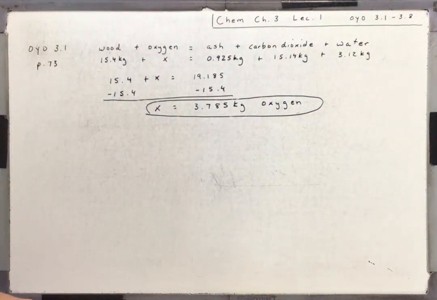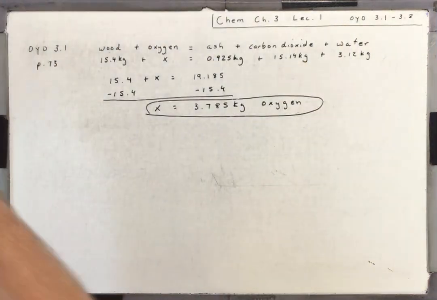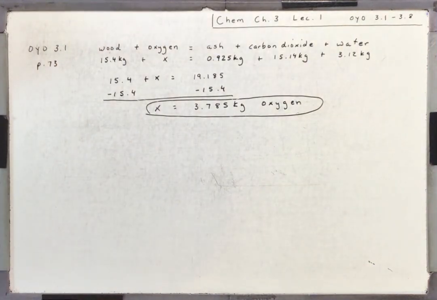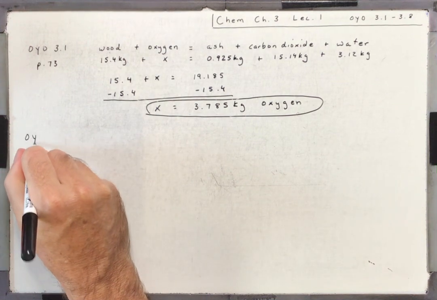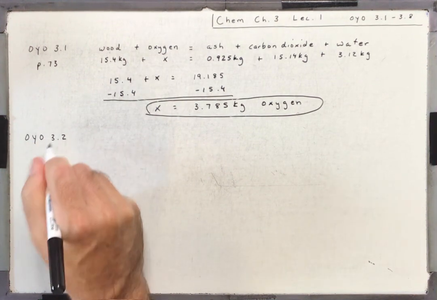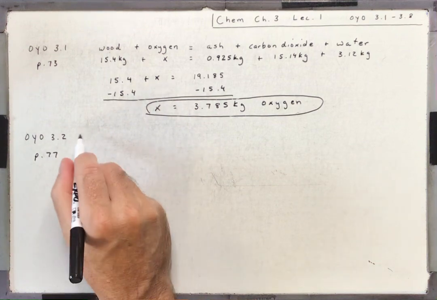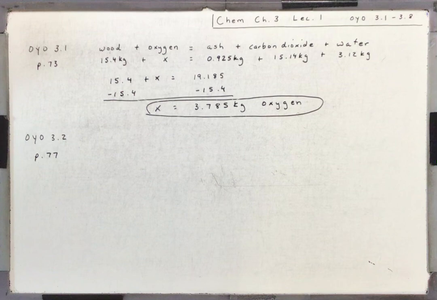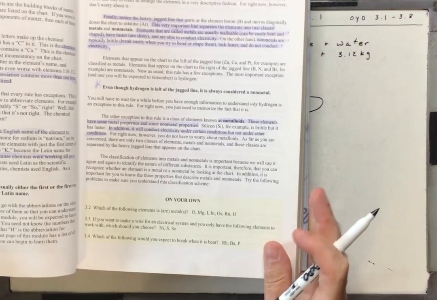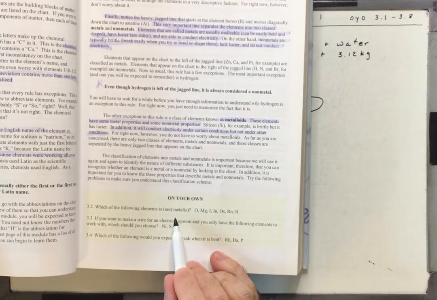Okay, so let's take a look at On Your Own 3.2. So we're on page 77. Let me bring that into view here. So which of the following elements are metals?